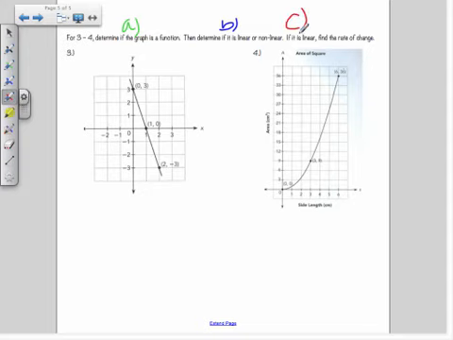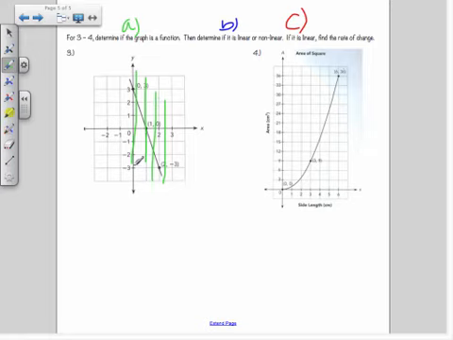Okay, so first of all, we need to look at 3, and I'm going to try the vertical line test. Remember the VLT. So if I were to draw any vertical line through my points right here, it should only pass through my function once. So every vertical line that I draw through right here only intersects my function once, so it really truly is a function.